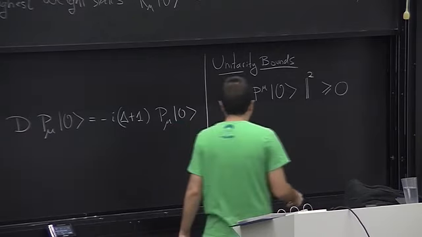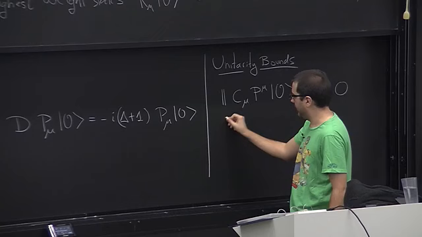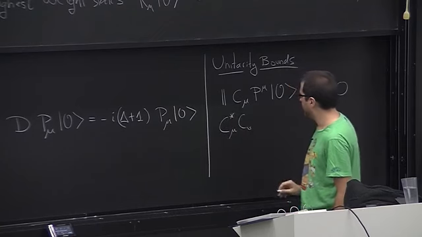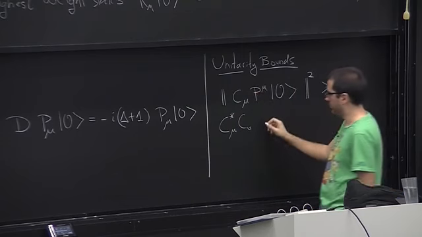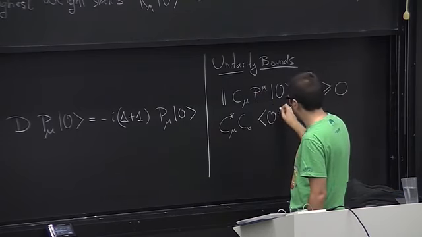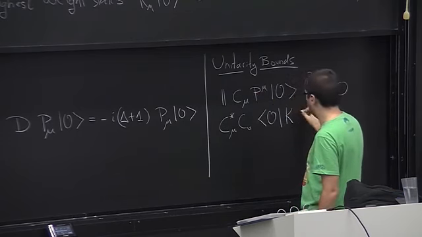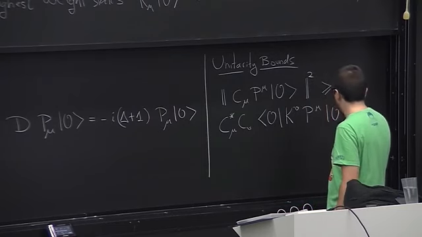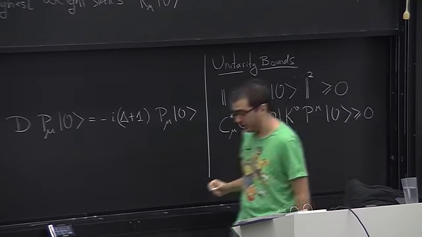Now, what does it imply? It implies that C mu conjugate times C nu, so I'm writing this, it will be O times K mu P mu O is bigger or equal to 0. Okay. Is this obvious?